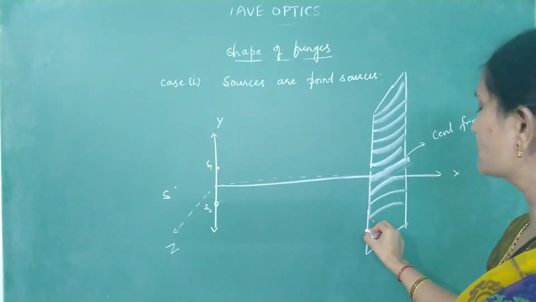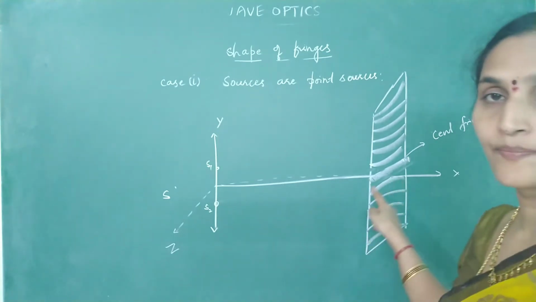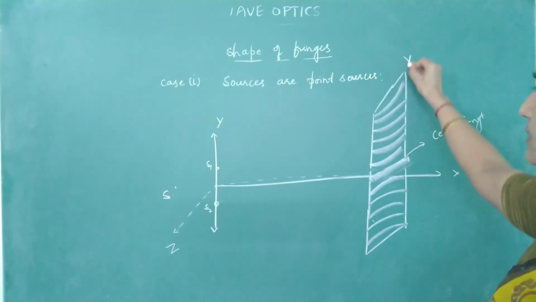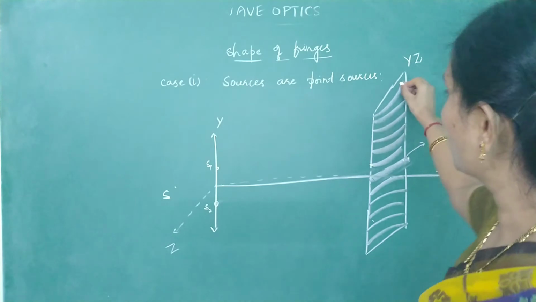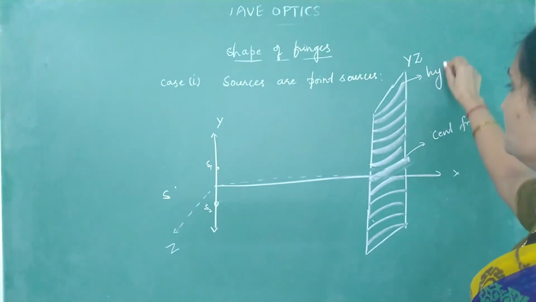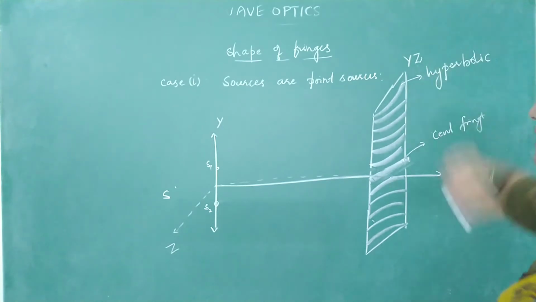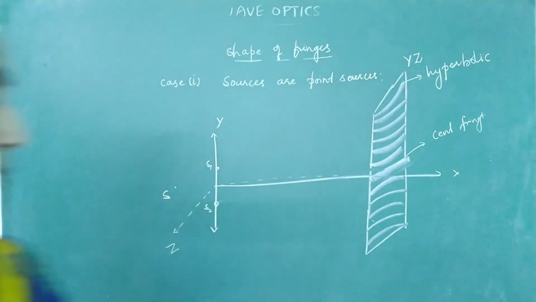The central fringe remains straight. What is the shape of the other fringes? They become hyperbolic. So for the YZ plane, perpendicular to the x-axis, the shape of the fringes is hyperbolic. The same is true even for the XY plane.